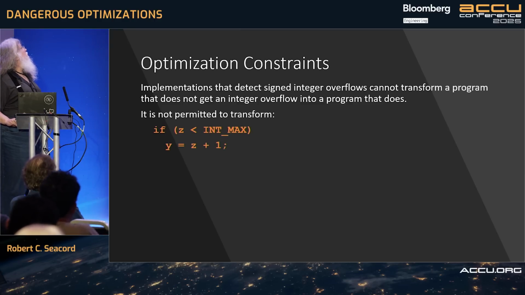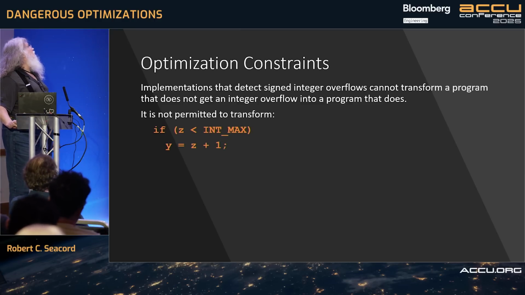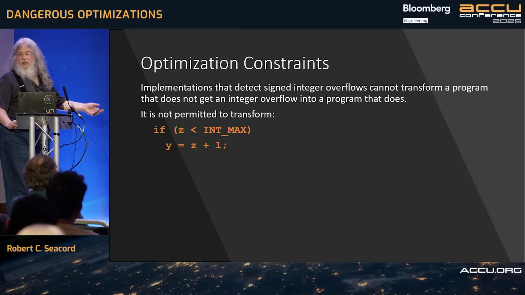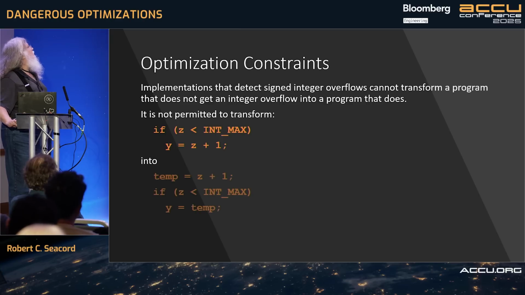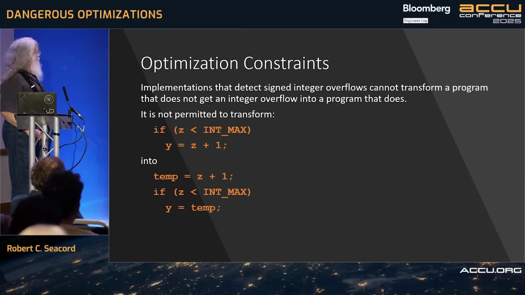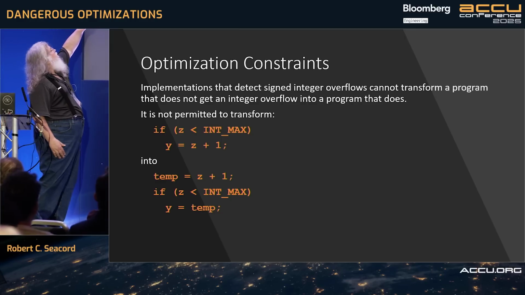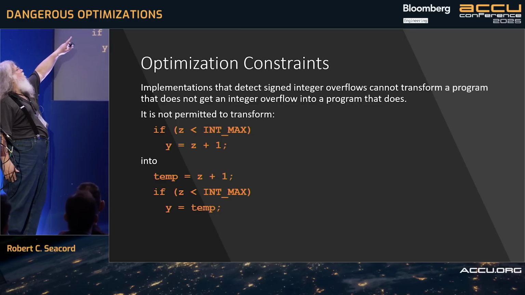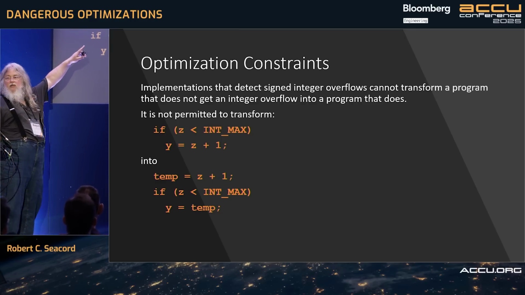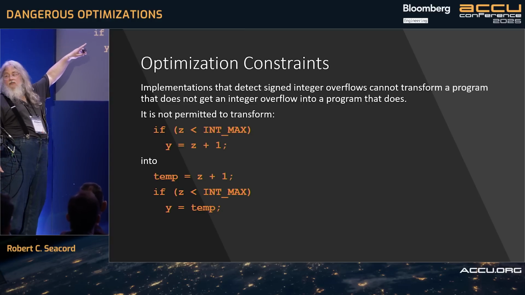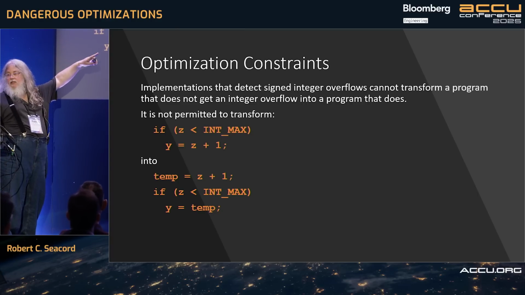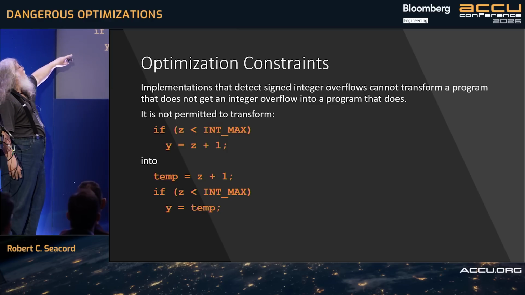So for example, if I have this code, and let's have a fictional architecture where signed integer overflow is detected, I can't turn it into this code below. The problem here is that above, z is less than INT_MAX. So I know when I add z plus 1, the maximum value it can turn into is INT_MAX, so there's no possibility of overflow.